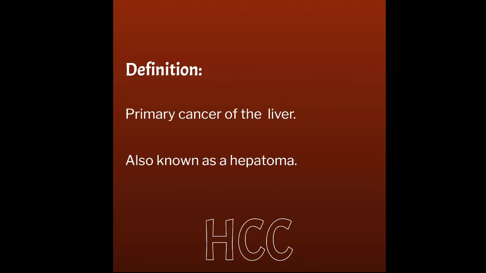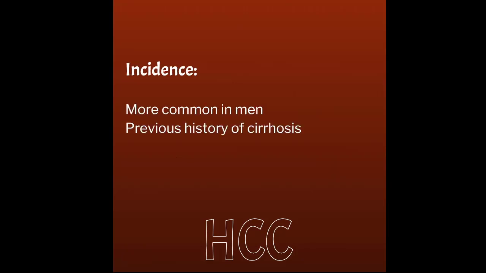So the definition of hepatocellular carcinoma is primary cancer of the liver, quite often abbreviated down to HCC or referred to as a hepatoma. HCC is going to be more common in men and typically seen in patients that have a previous history of cirrhosis. Remember, NASH can lead to cirrhosis, which can lead to HCC.